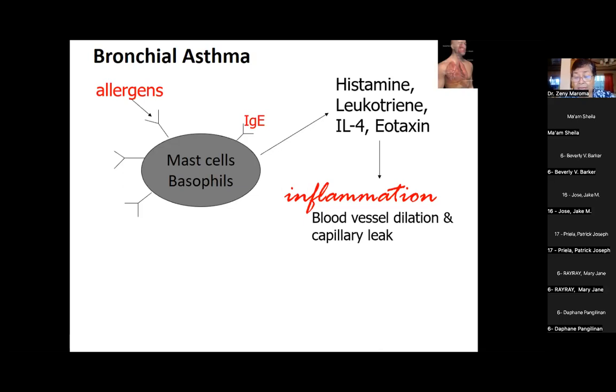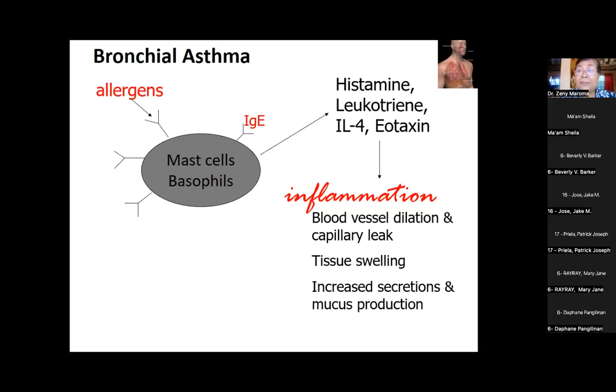Kaya magkakaroon tayo ng fluid shifting from intravascular to interstitial spaces. And therefore, there will be tissue swelling, bronchial edema. And because of the fluid shifting, hindi lang mamamaga, there's increase in mucus secretion. So this is the concept of inflammation.